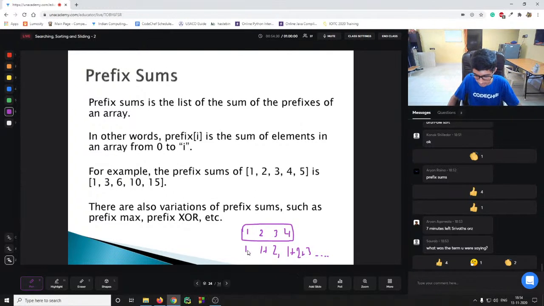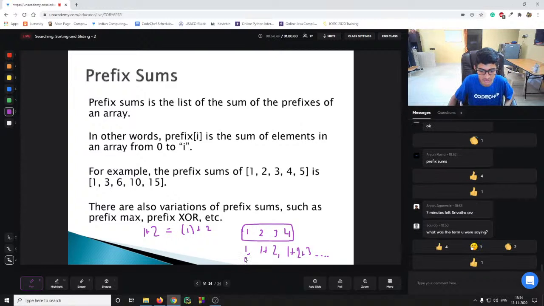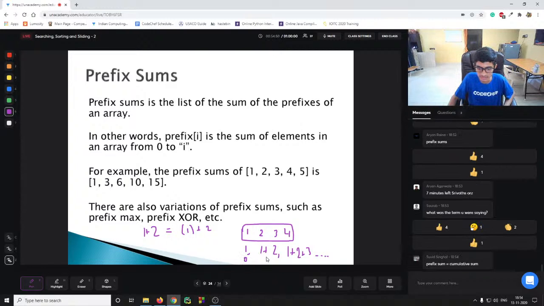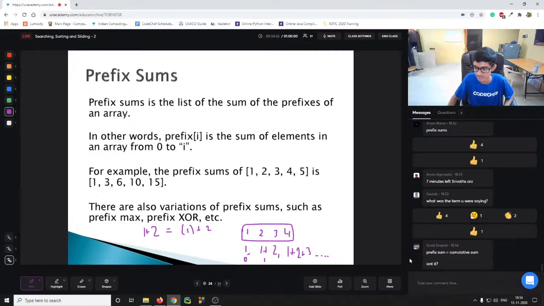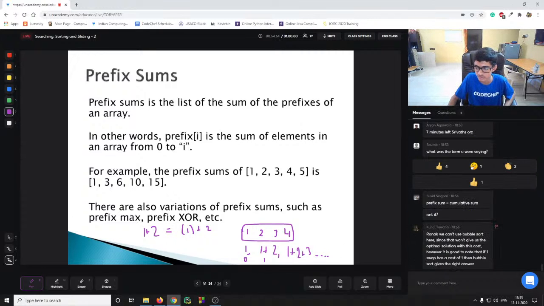Notice that 1 plus 2 depends on 1. 1 plus 2 is equal to 1 with 2 added to it. Let's call this the 0th element of an array and the first element of an array. Yeah, Suvit, you are right. Prefix sum is equal to cumulative sum.